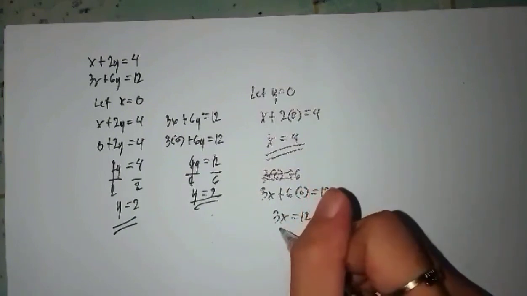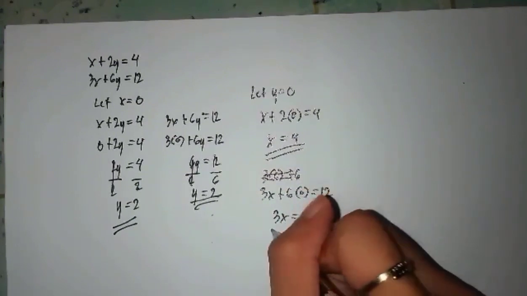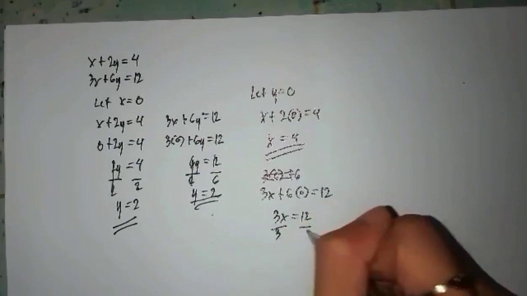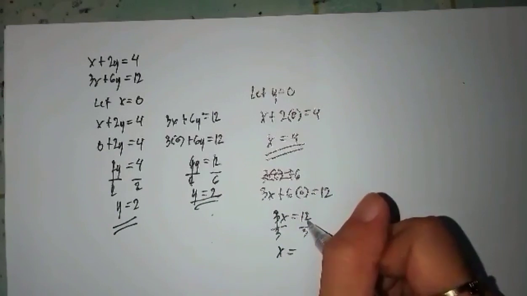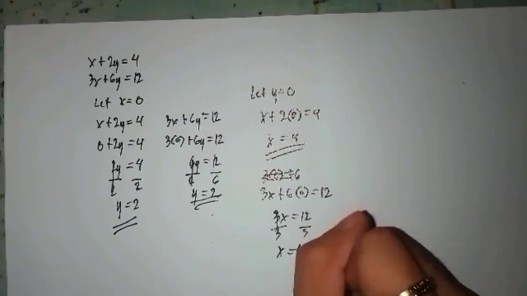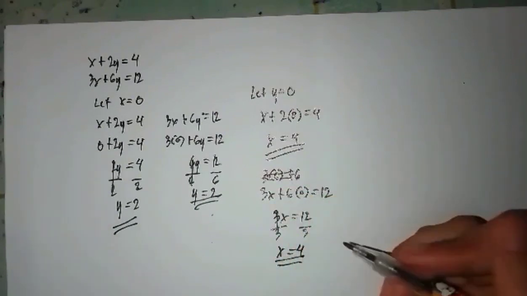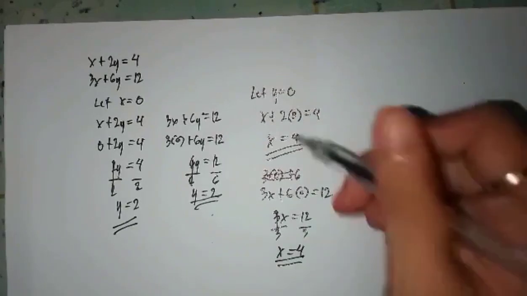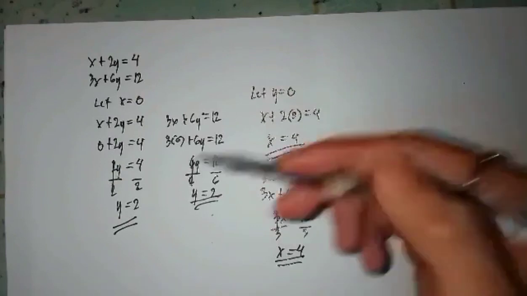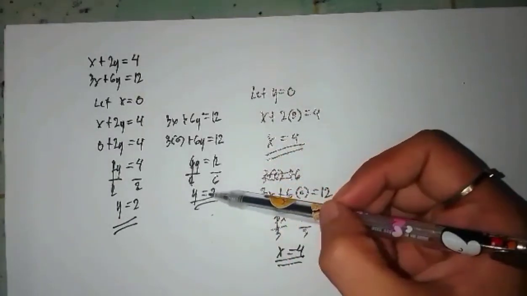Divide na to siya both side by 3. Cancel. So, x mahibilin 12 divided by 3 is 4. So, same lang sila ang x sa first equation and second equation. Diri po sa first equation and second equation sa y.